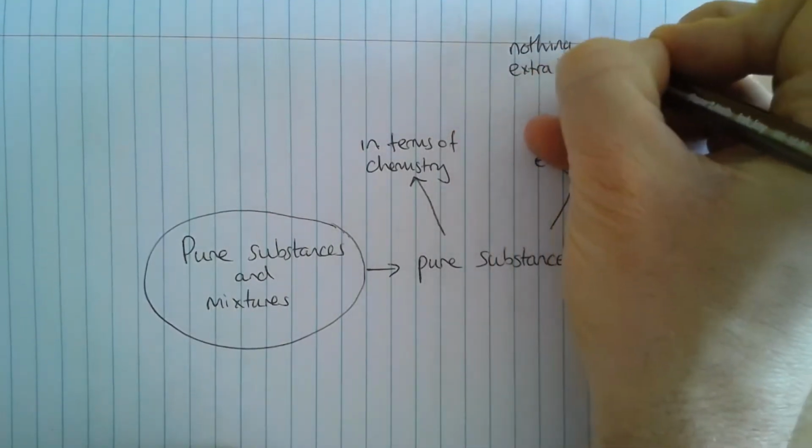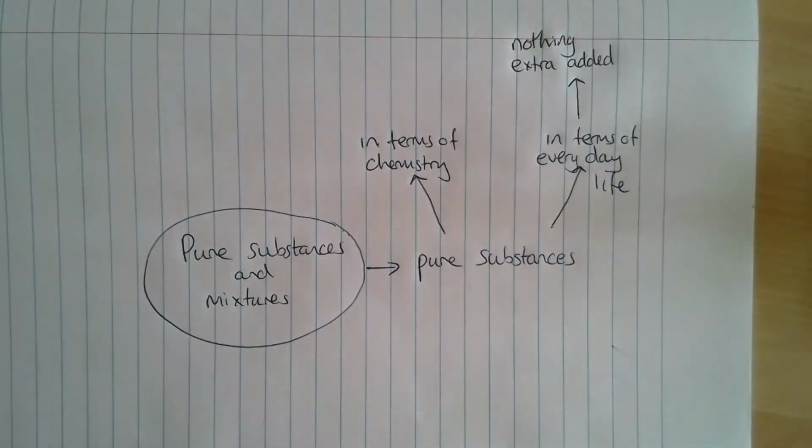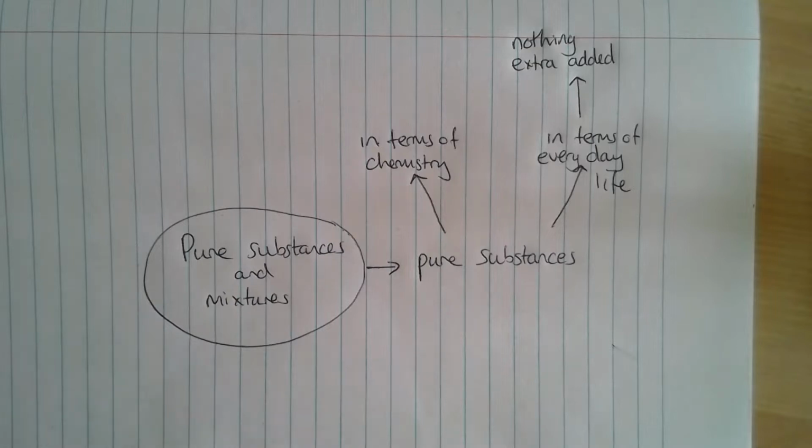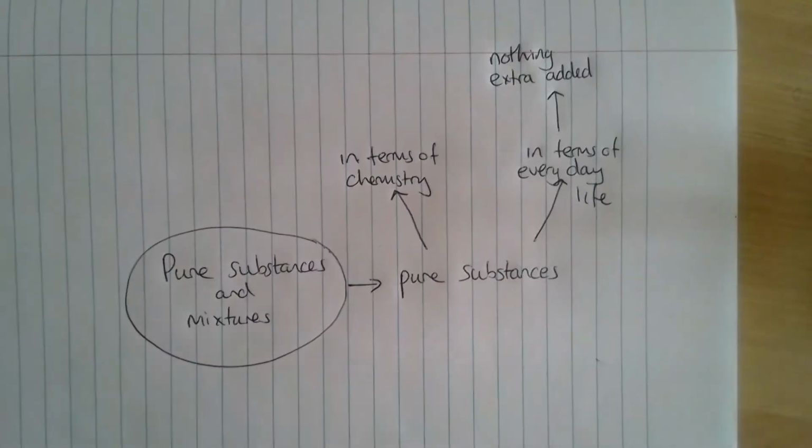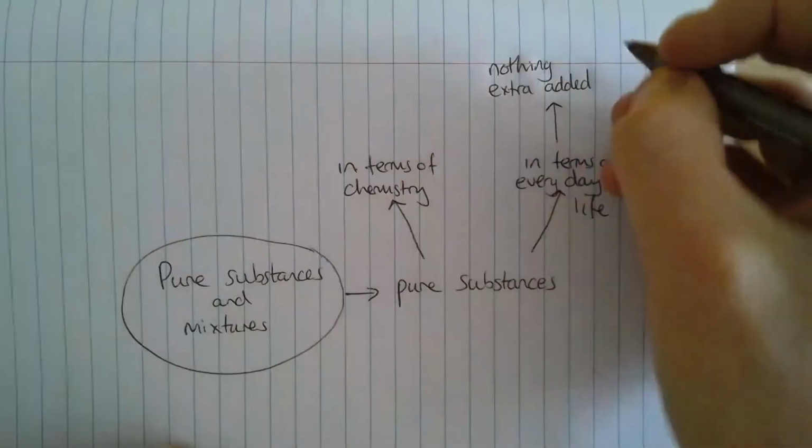So an example of that in everyday life would be pure orange juice, which you might buy in the supermarket, or pure mineral water. They're not actually pure because they have more than one particle, but they've had no extra sugar or no extra chemicals added to it. So we call them pure in everyday life.